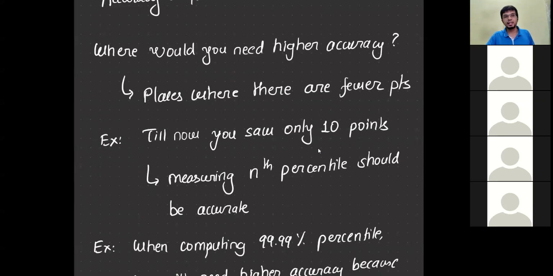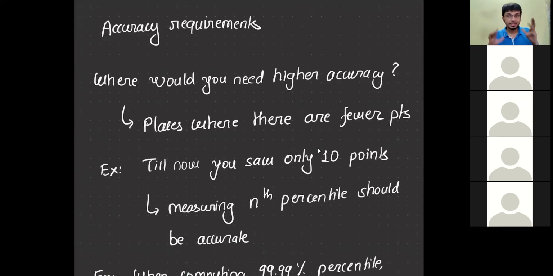So, accuracy requirement. Now comes the point where we start building our intuition. This is something that we could have also leveraged yesterday during impressions counting. Hear me out. What we need is higher accuracy when we have fewer points. Let's say you are very new to LinkedIn, and every like matters.